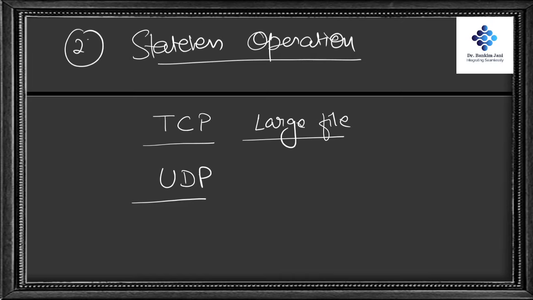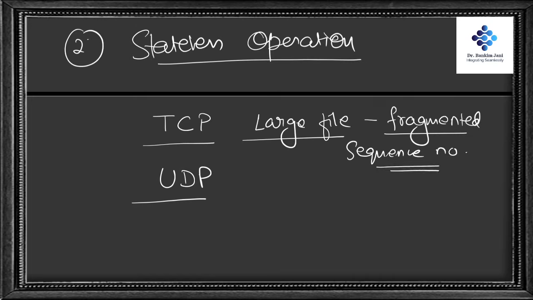Why? Because if it is a large file, obviously it would be fragmented. No problem. Even if it is fragmented, even if all the fragments reach the destination in any order, nothing to worry, because there is a sequence number for every fragment. That means at the destination they will rearrange themselves. Once they rearrange, your entire file is ready and happy to go.